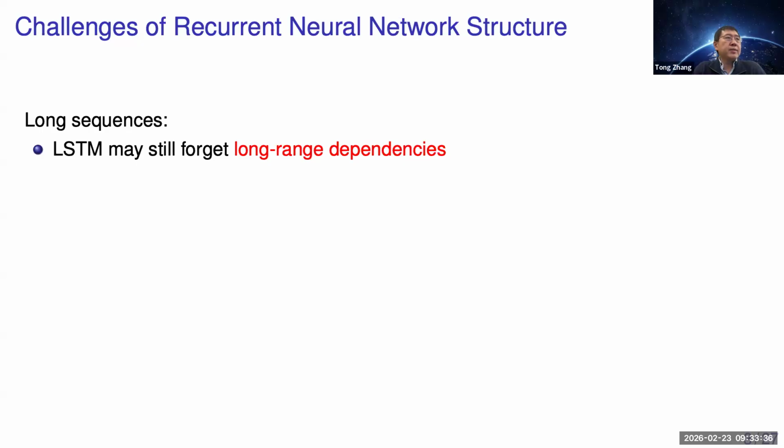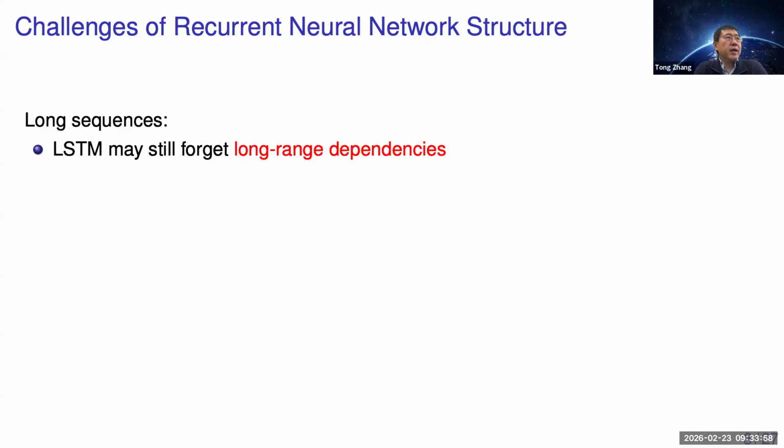We know that they can forget long-range dependencies, because recurrent neural networks use a compressed latent state, which we call h, to compress the history, and everything depends on this compressed history.